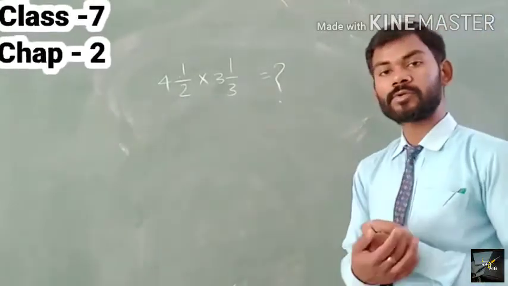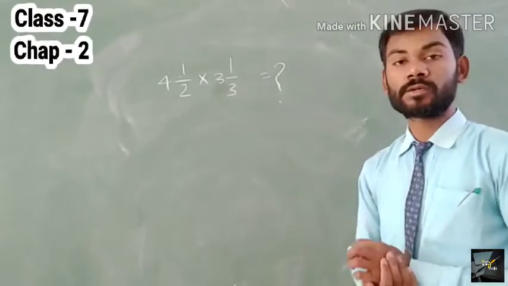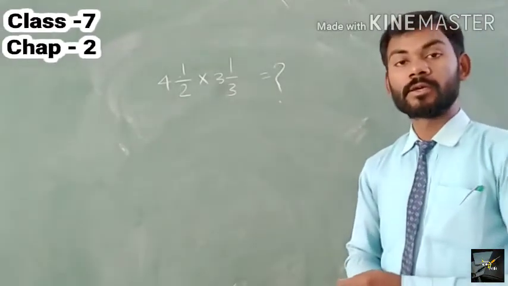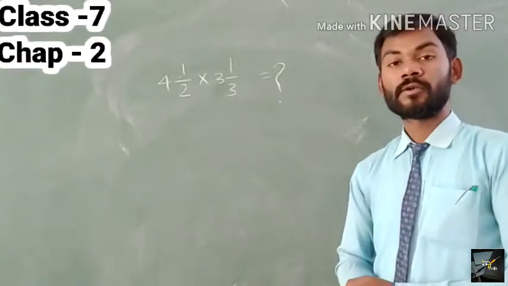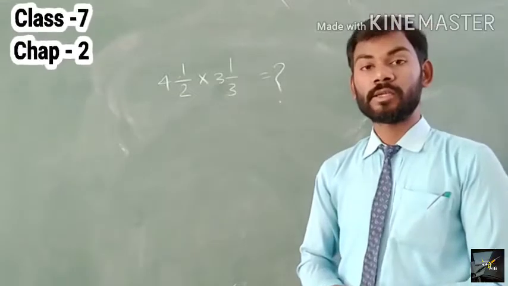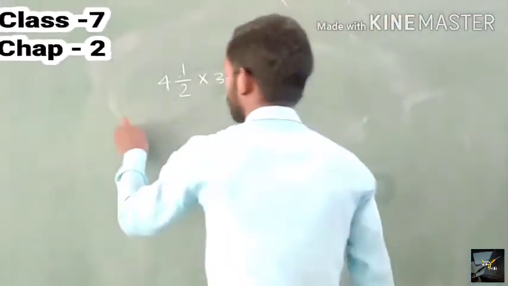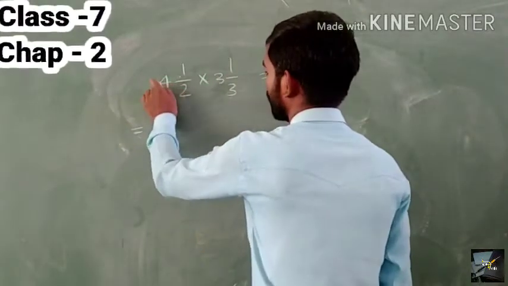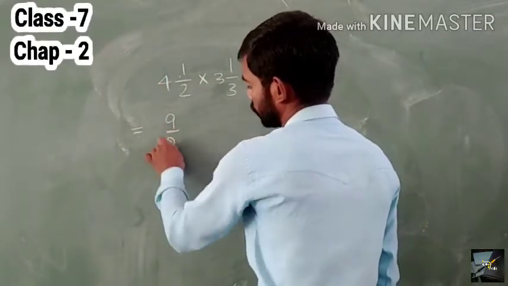As I told you, if the fraction is given in the mixed form, then we cannot multiply them directly. So in order to multiply these two mixed fractions, first of all we have to convert these mixed fractions into improper fractions. So here we get 2 fours are 8, 8 plus 1, 9 upon 2.